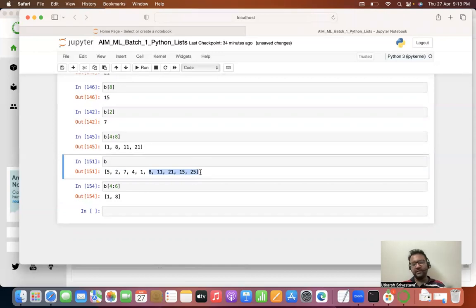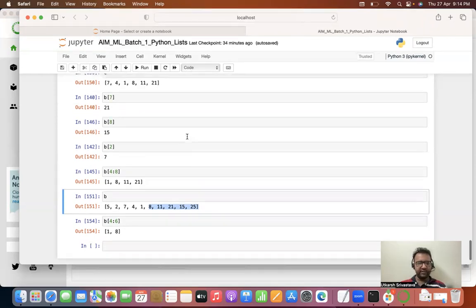So what will be the answer? Positive slicing I'm talking about.